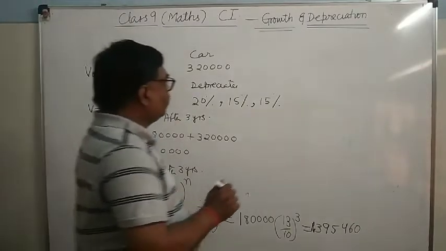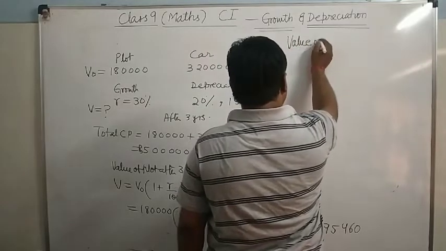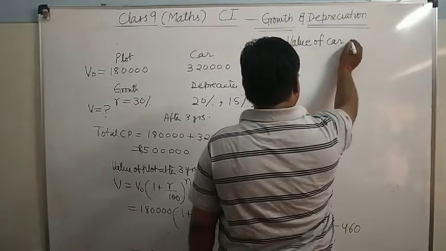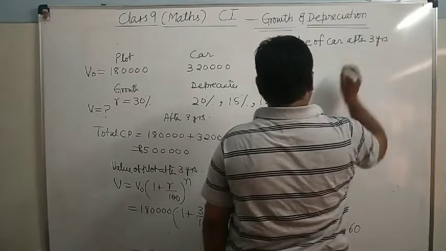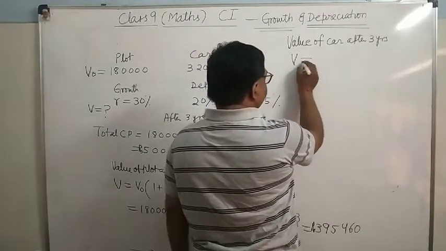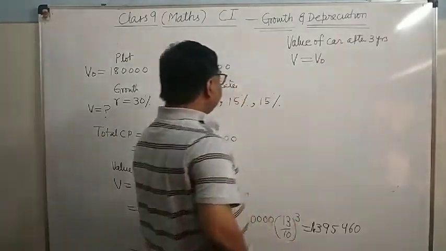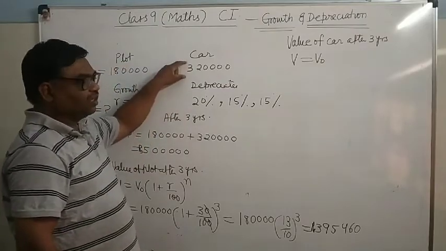Then we will find out the value of the car after 3 years. Here it is depreciating and the rate is also different for different years. So what is V0? Here also V0 is given and you have to find V after 3 years. So V = V0 (1 - R1/100)(1 - R2/100)(1 - R3/100). Substitute the values.